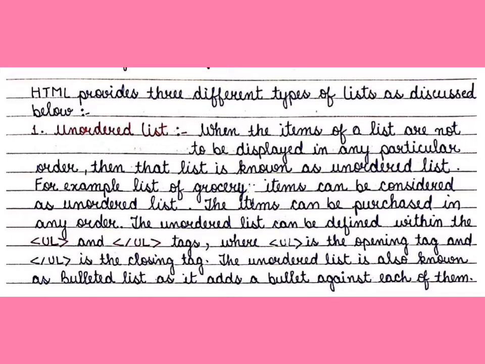The unordered list can be defined within the opening UL tag and closing UL tag, where UL is the opening tag and /UL is the closing tag. The unordered list is also known as bulleted list, as it adds a bullet against each of them.